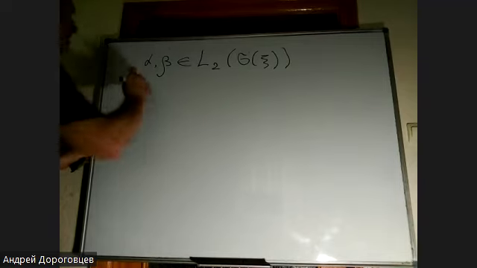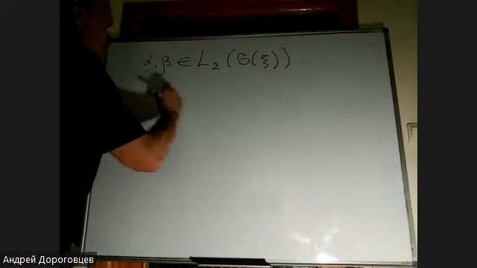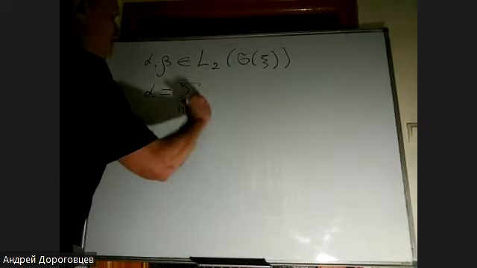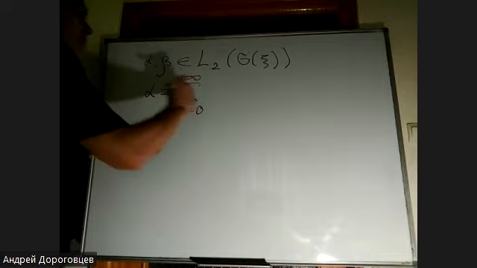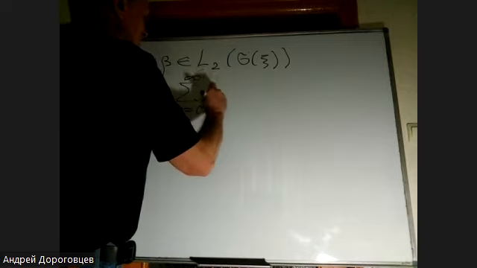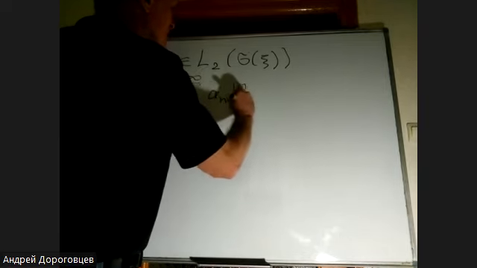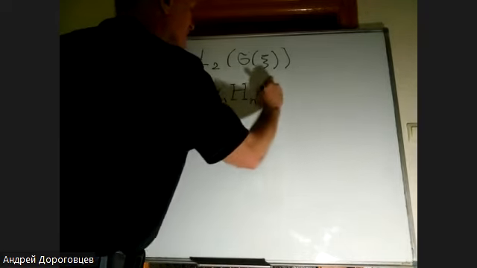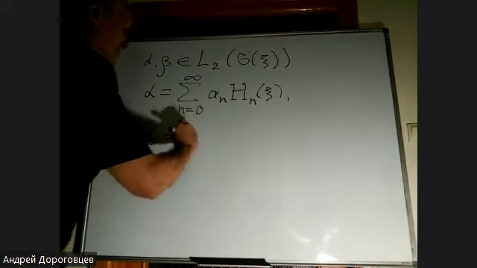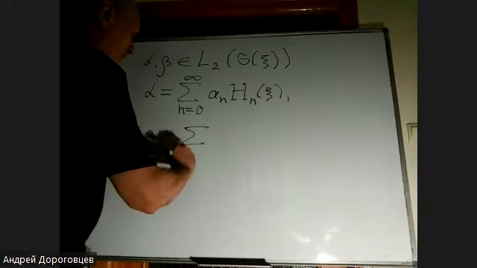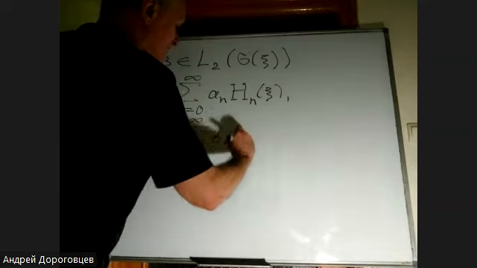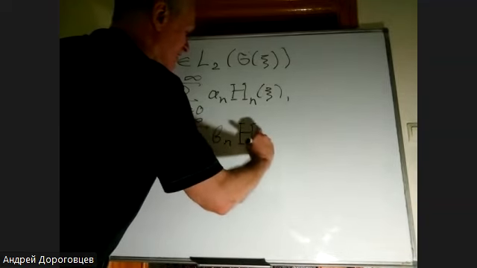Then, as agreed, we have the expansions with respect to Hermite polynomials for both of these variables: the sum of a n h n of psi, and here is the sum from n equals 0 to infinity of b n h n of psi.